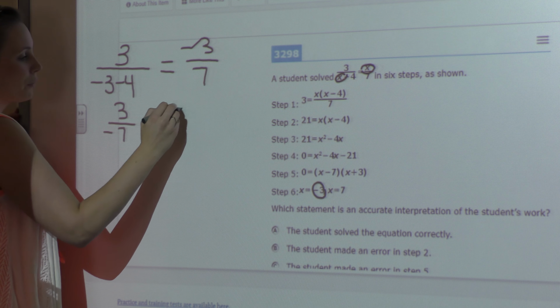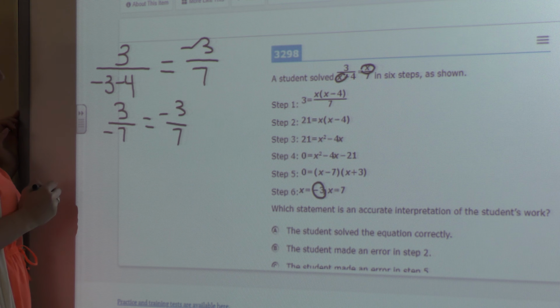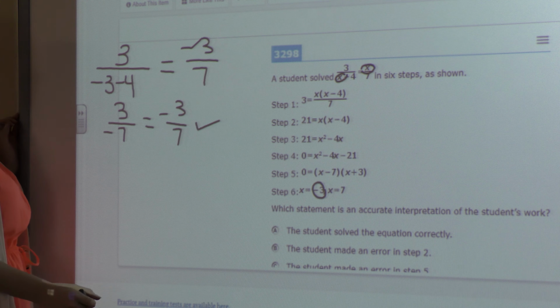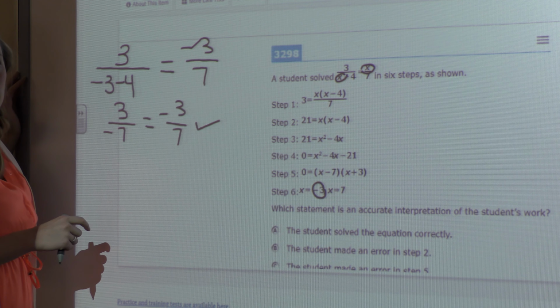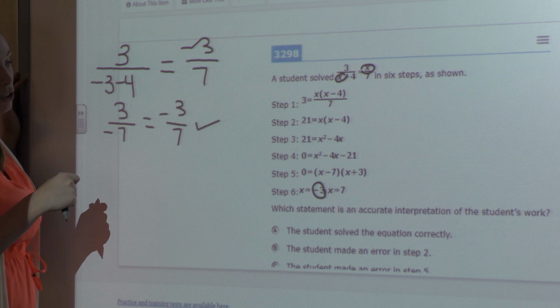And then we have -3 over 7. Are those equivalent? Yeah, it doesn't matter where the negative is. So these are equivalent. So that answer works, which automatically eliminates option D. So we'll go there and we'll eliminate option D.